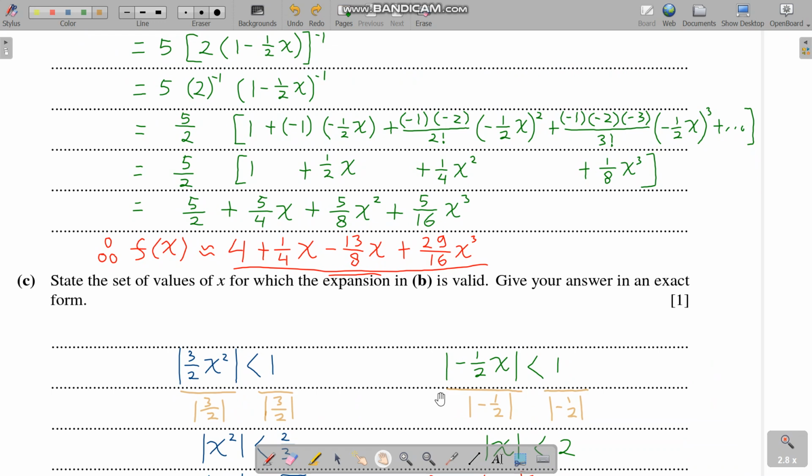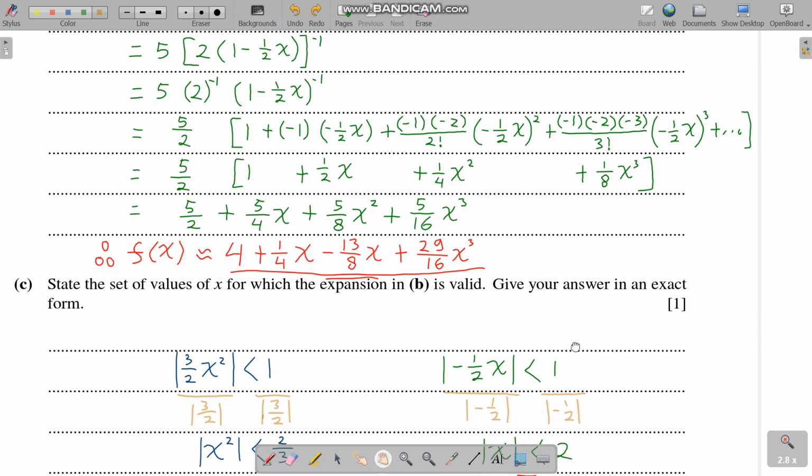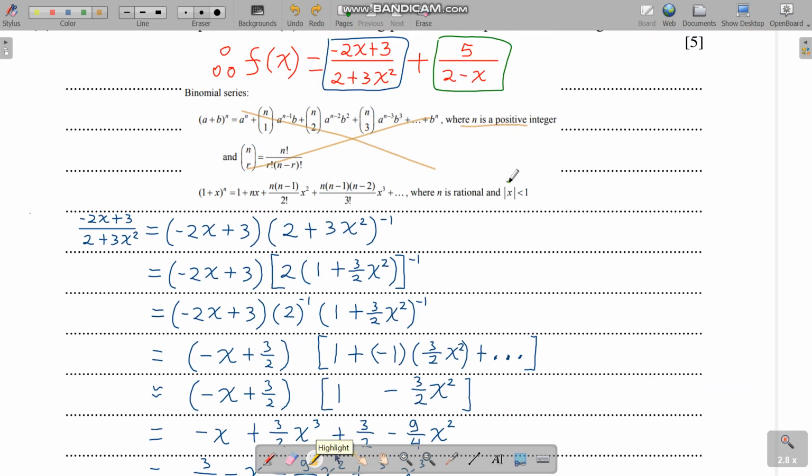Next part, state the set of values of x for which the expansion is valid in exact form. So if you look at the MF19 formula, we have this rule here. The absolute value of x should be smaller than 1, and the x is the x in this expansion. So for the first expansion, the x is not 3x squared.